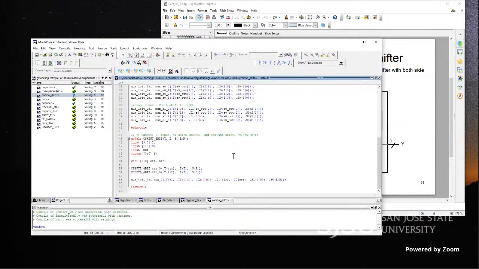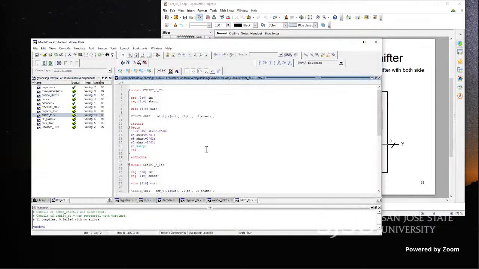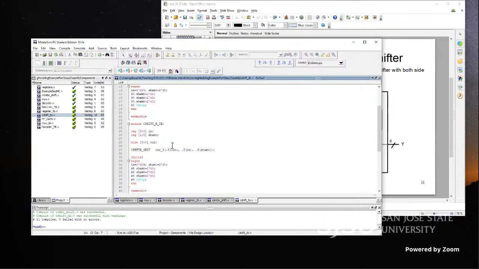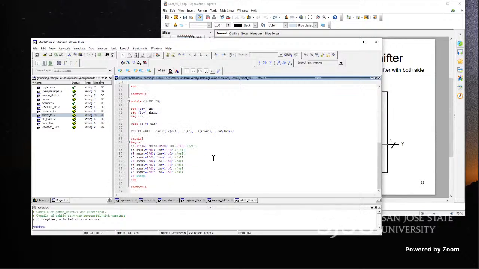Okay, let's compile, and look at the test bench now. So this test bench is very simple. Where is my test bench? Here. So I have left shift tested separately, right shift tested separately. But anyway, what's interesting is the combination of the shifting.